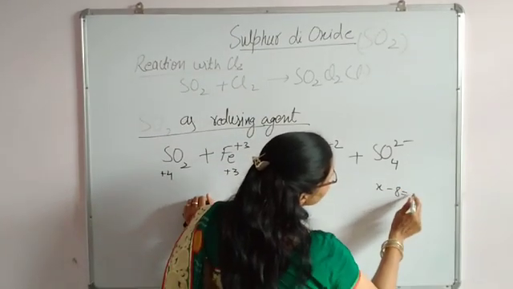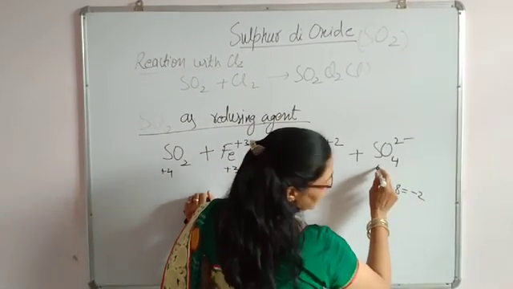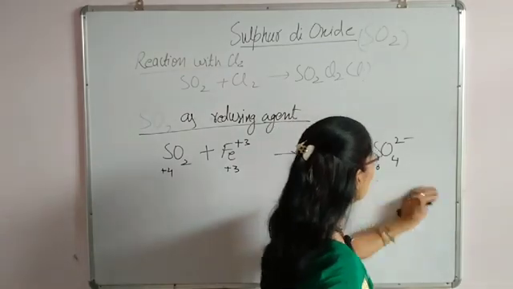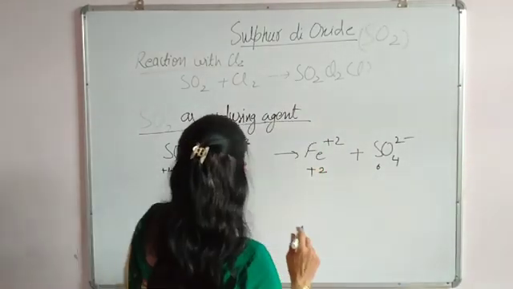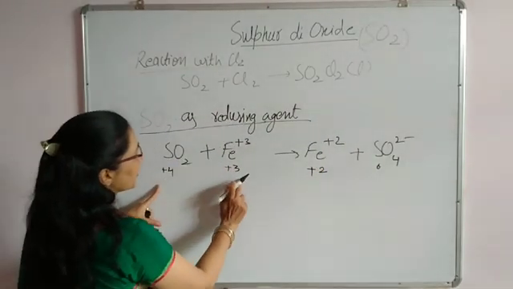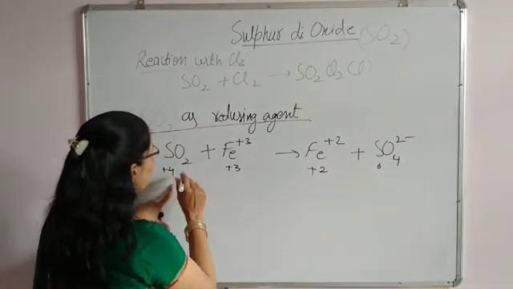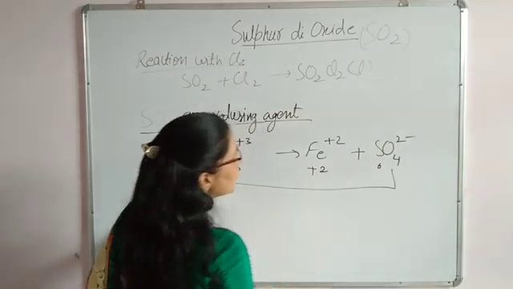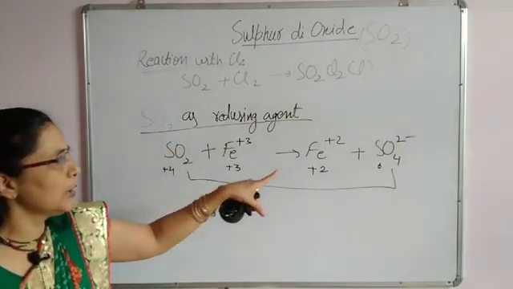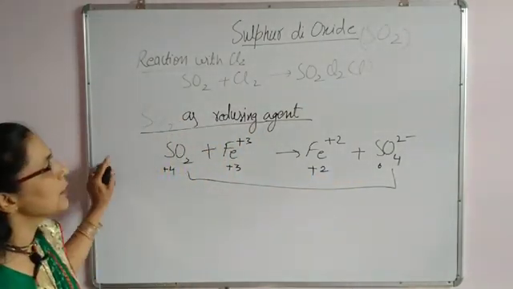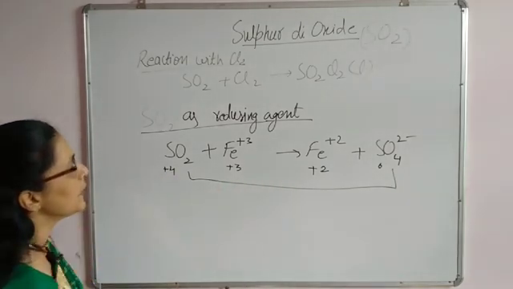X minus 8 is equal to minus 2. X is 6. Okay. Now you will compare that from here to here. From sulfur dioxide to sulfate, there is the increase by 2, from 4 to 6.